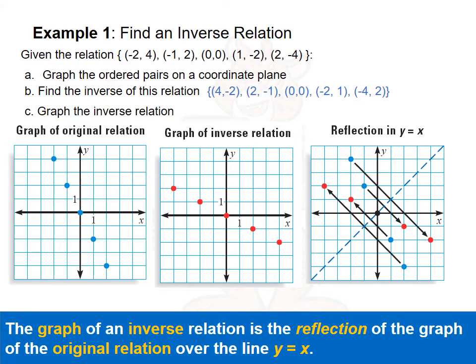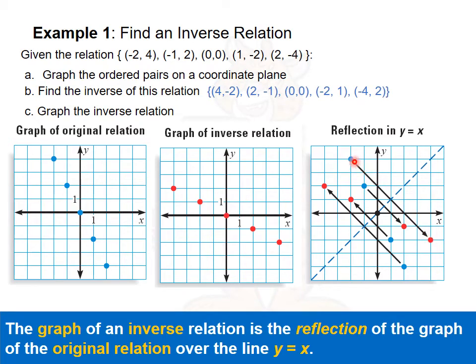In blue, we have the line as a dashed line. This is the line called y equals x, and it is called more precisely the line of reflection. Every point is reflected across this line. The original relation is defined in blue, and the reflection of this, or the inverse of this relation, is represented by the points in red.